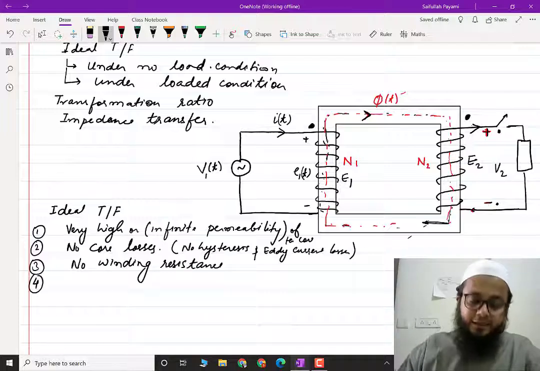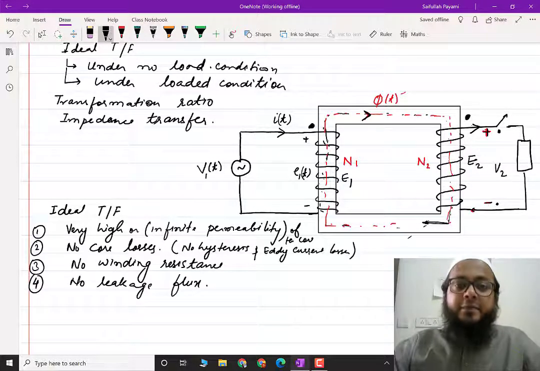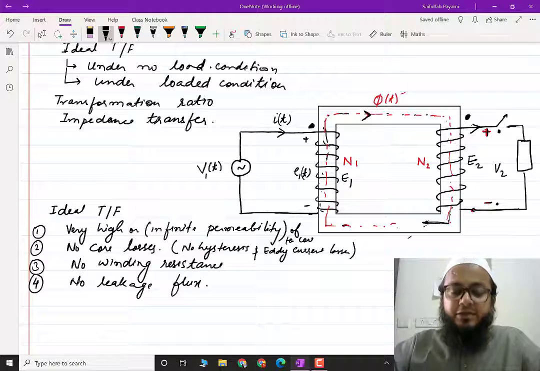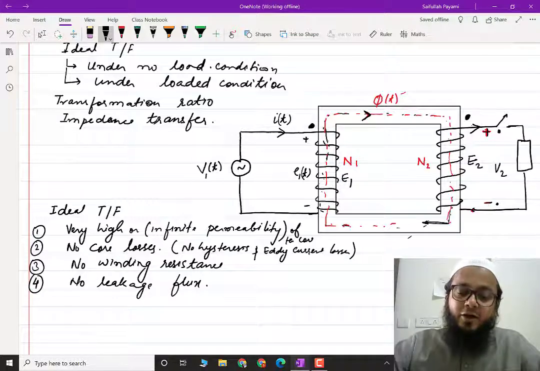And the fourth condition is no leakage flux. That means whatever flux is produced because of the current flowing in these windings, there is no leakage of it. All the flux produced in these two windings links with each other.